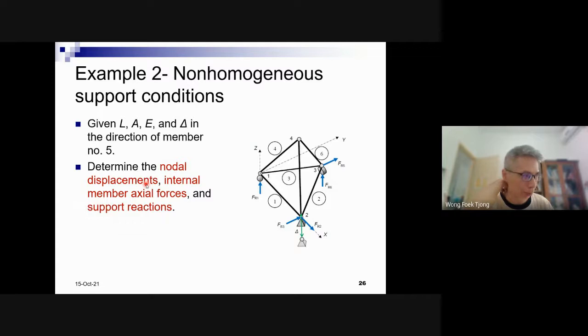Just like in the midterm exam, the next question is to calculate the internal member axial force, the axial force for each member, because that information is very useful for design. For example, if this is a steel structure, you need this information. While the support reaction is very useful for design of connections between the structure and the foundations or pedestals, if this is steel.